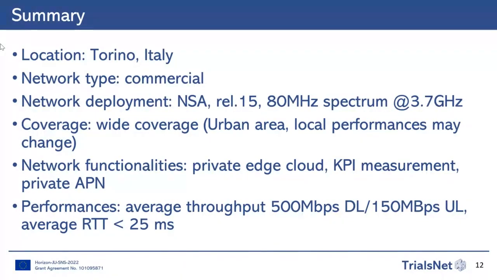The average performances that we can offer are 500 megabit per second in downlink and almost 150 megabit in uplink, with an average round trip time of 25 milliseconds.